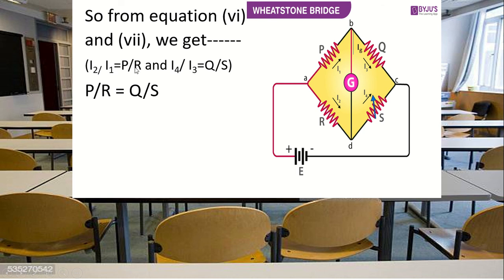So we can write P by R equal to Q by S. So from here we can write P by Q equal to R by S.